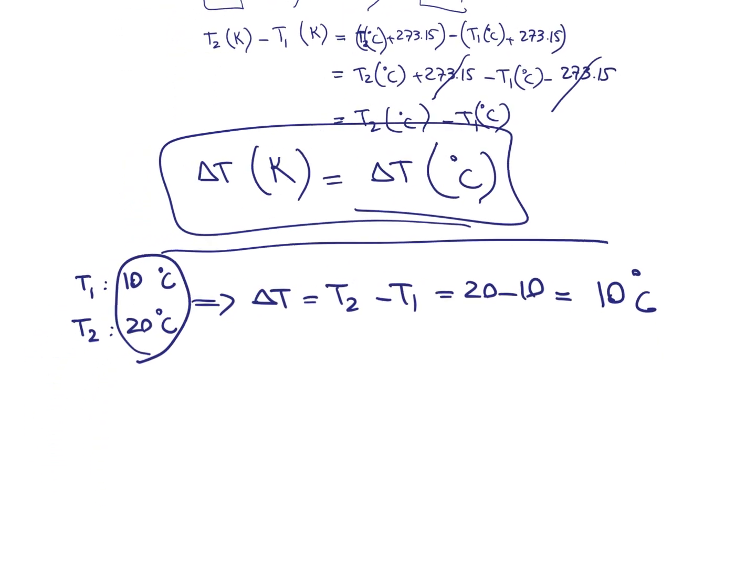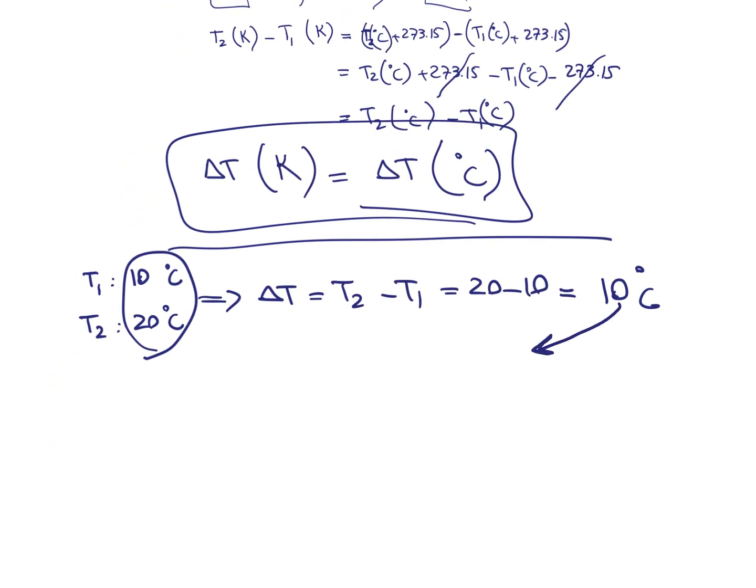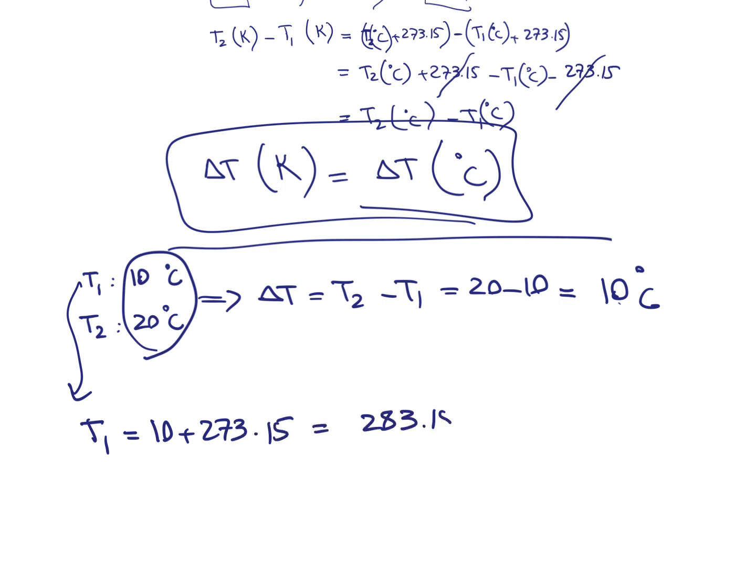Now you want to convert these to Kelvin. Or rather, let me do this: if you convert each of these temperatures to Kelvin, T1 would be 10 plus 273.15, which is 283.15 Kelvin, right? And your T2 would be 20 plus 273.15, which is 293.15 Kelvin.